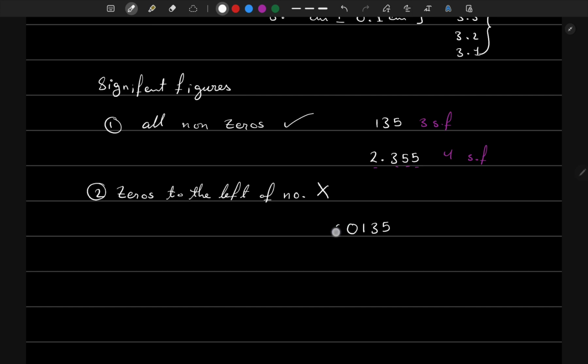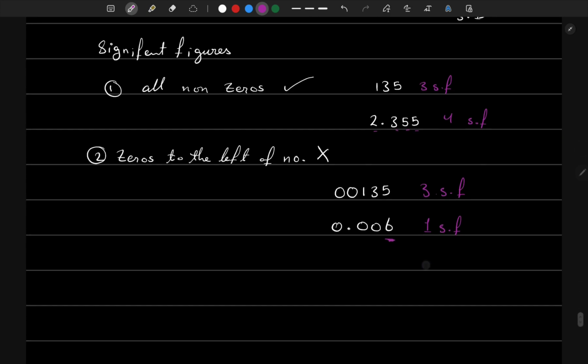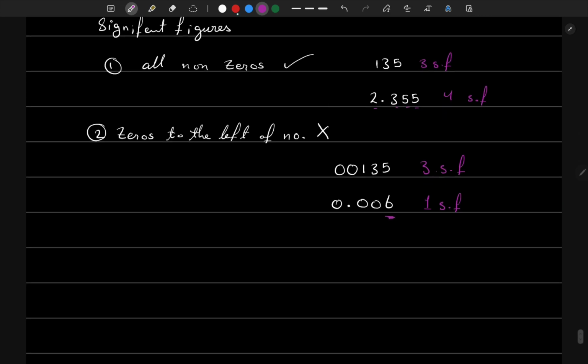If I have a zero here or a zero here, it still has three significant figures because those zeros are to the left and so they do not count. If I have 0.006, this has only one significant figure because zeros to the left, again, do not count. So here I still have one significant figure.